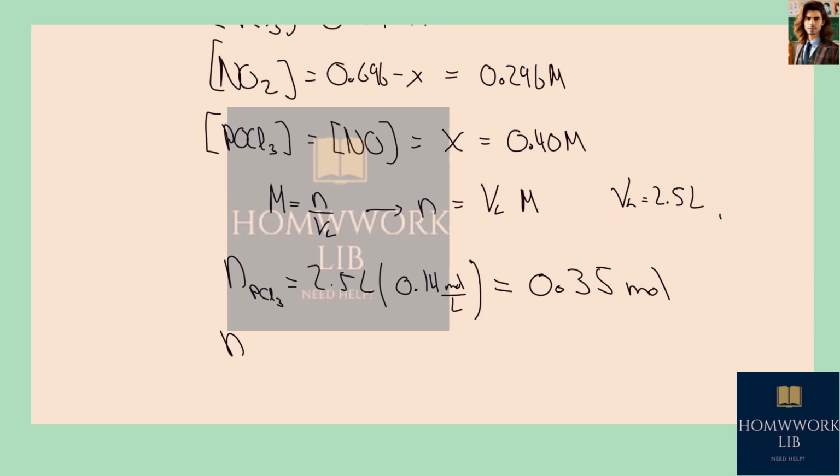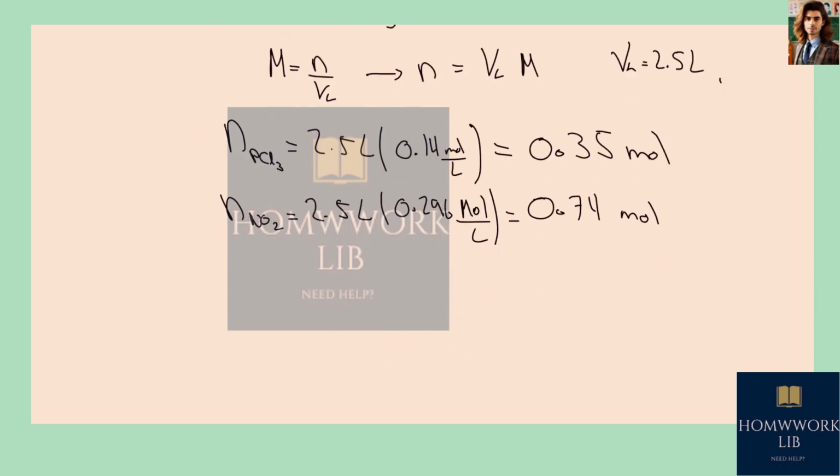The amount of mole of NO2 is 2.5 liters multiplied by 0.296 mole per liter, which is 0.74 mole. And finally, the amount of mole of NO, which is equal to the amount of mole of POCl3, is 2.5 liters multiplied by 0.40, which gives us 1 mole.